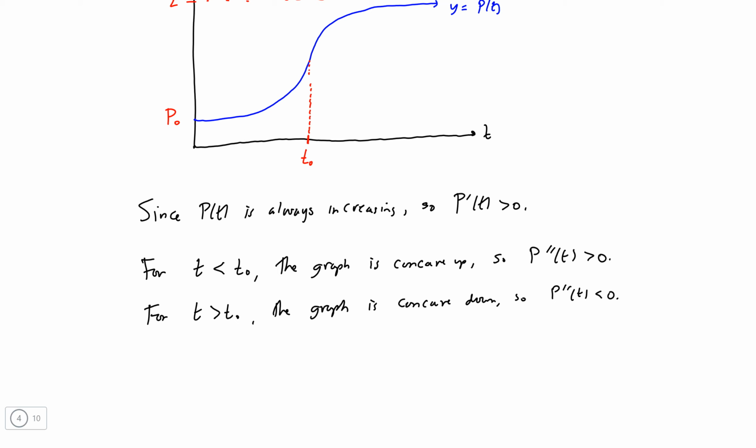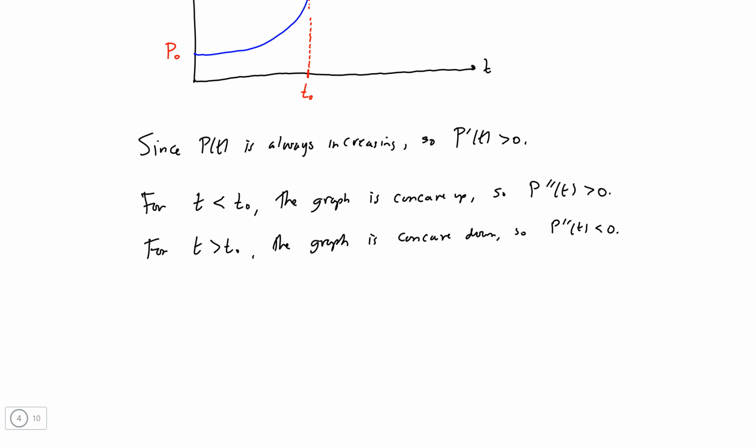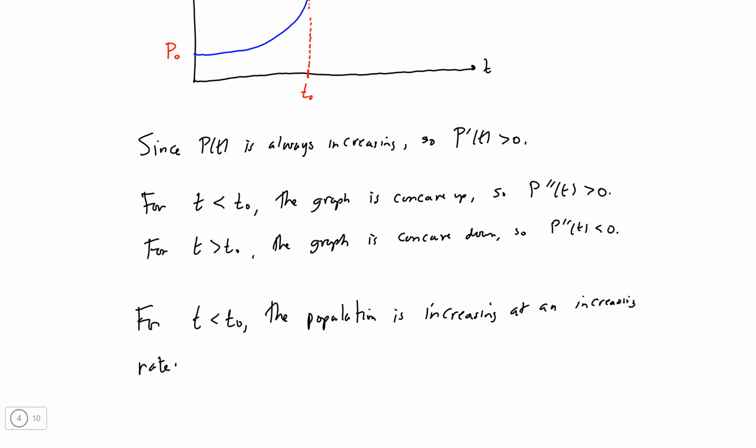So notice what this is telling us. Up until t0, the population is growing, but it's growing faster and faster, as you can see by the shape of the graph. So for t less than t0, it's increasing at an increasing rate.